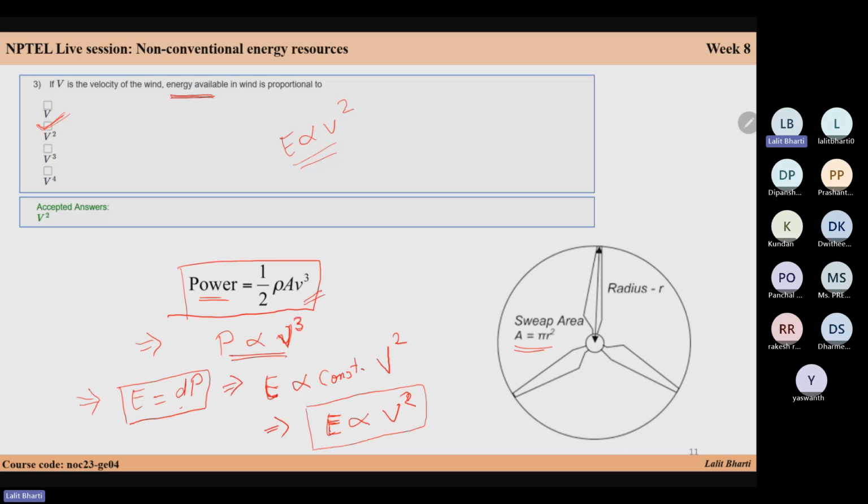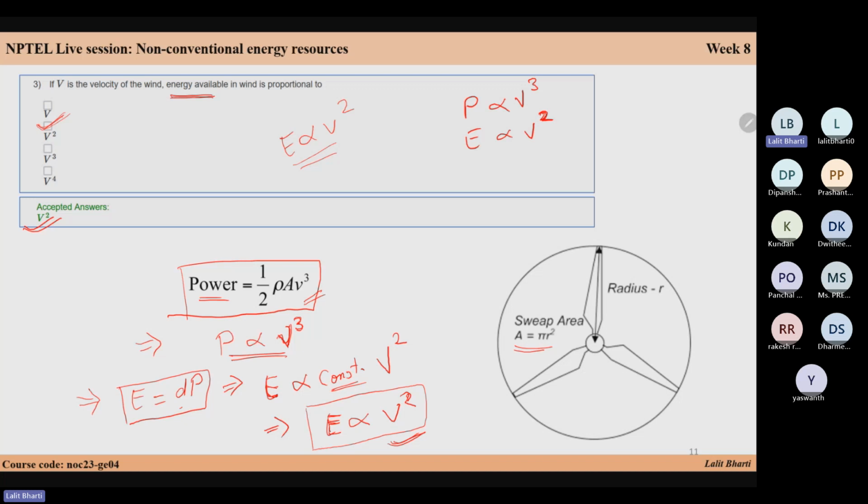We will take the derivative with respect to V, so you will get a constant and a V square. So this is the relation. The power is proportional to V cube, but the energy is proportional to V square. So V square is our accepted answer.